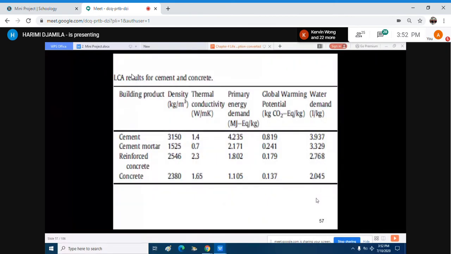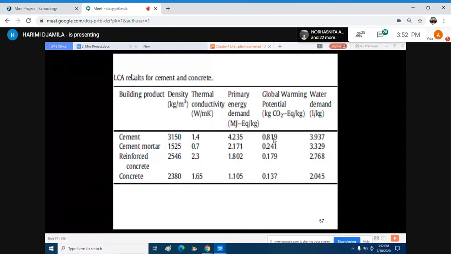If we take cement and concrete, also you have some of that data. But I took the data a long time ago from one source, written by someone from Japan anyway. So, global warming potential. It was from a conference a long time ago, and water demand.